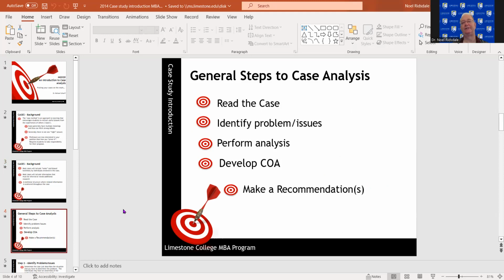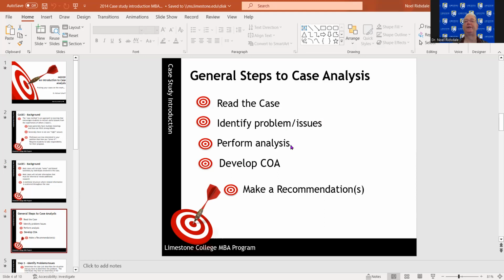When I jump in here, I read the case first, then I go back with a highlighter and read the case again, highlighting those things that I think are problems or issues. Then I might change the color of my highlighter for something I think is actually the root cause, because what you're looking at is the problems and issues. There are probably going to be several of them, but you're going to have to look beyond that to identify the root cause of those things.